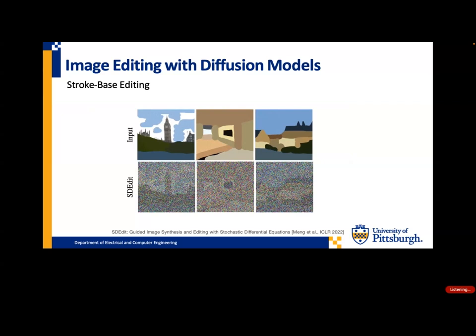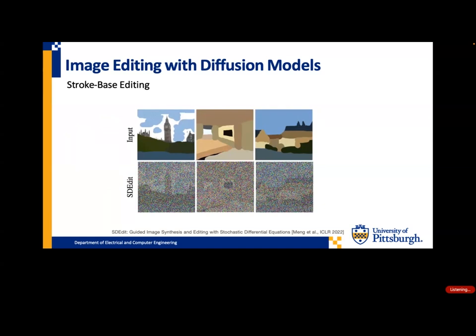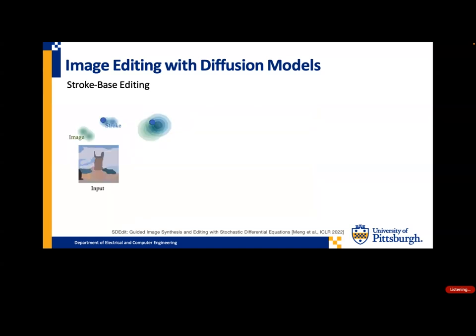So basically what we are doing in image editing is that if I give you this image, and let's say I give you a couple of strokes saying, oh, I want to add a cloud to this.